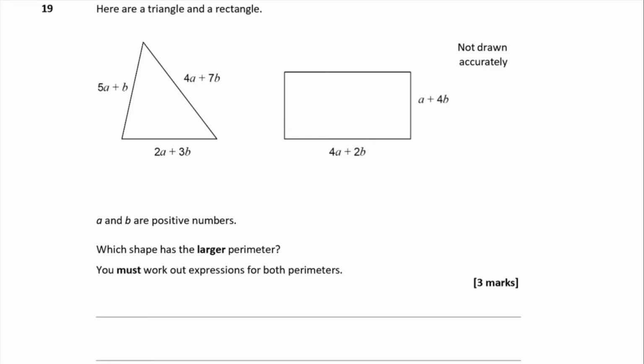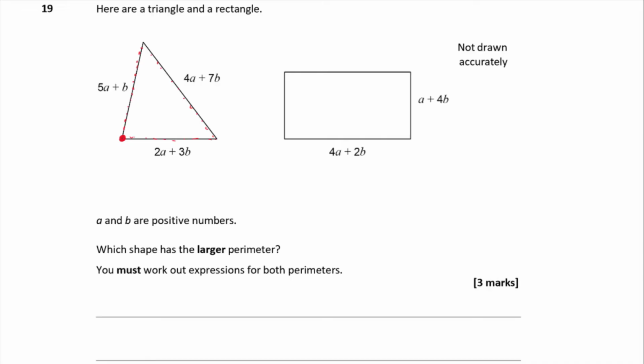Now the perimeter of a shape is, imagine you're like an ant, and you're standing here, and then you go for a stroll along here, and then down here, and then back along here again. So you basically walk around the whole edge of the shape. That is the perimeter.